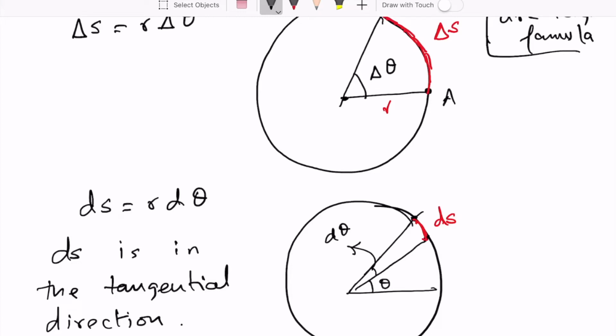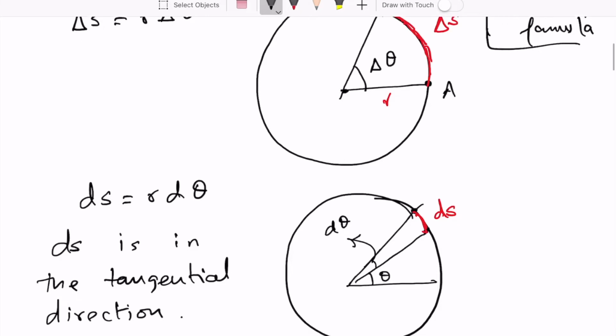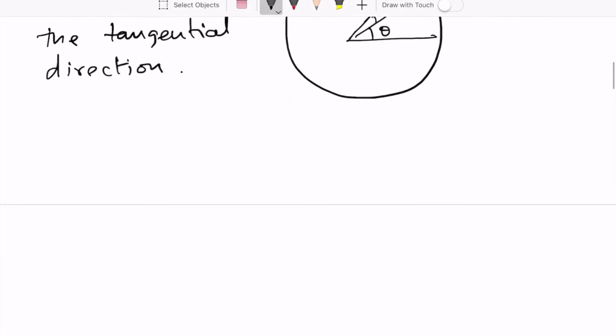All right, now I'll talk a little bit about the arc length formula in case some of you might not be familiar with it or might have forgotten it. So this is a little aside on the arc length formula.